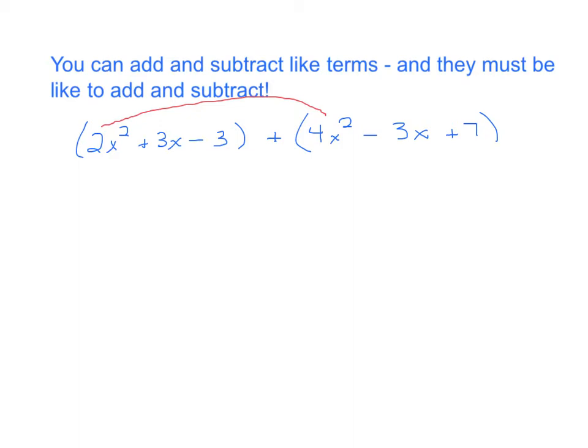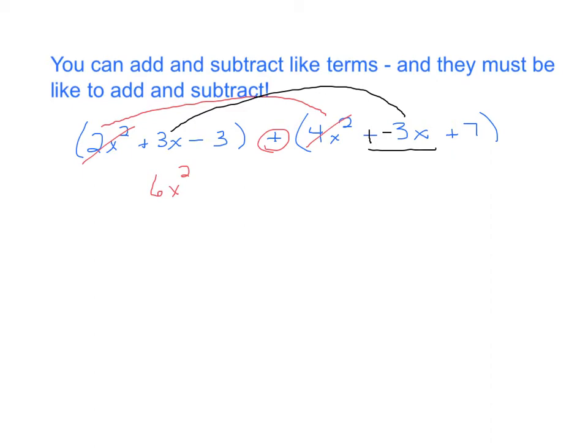So 2x squared and 4x squared are a like term. We're going to add it. So 2x squared plus 4x squared is 6x squared. You might even cross those out just so you remember that you've already dealt with them. The next one is that you're going to look at 3x and negative 3x. Remember, this is a negative 3x over here because you can always turn subtraction into adding the opposite.